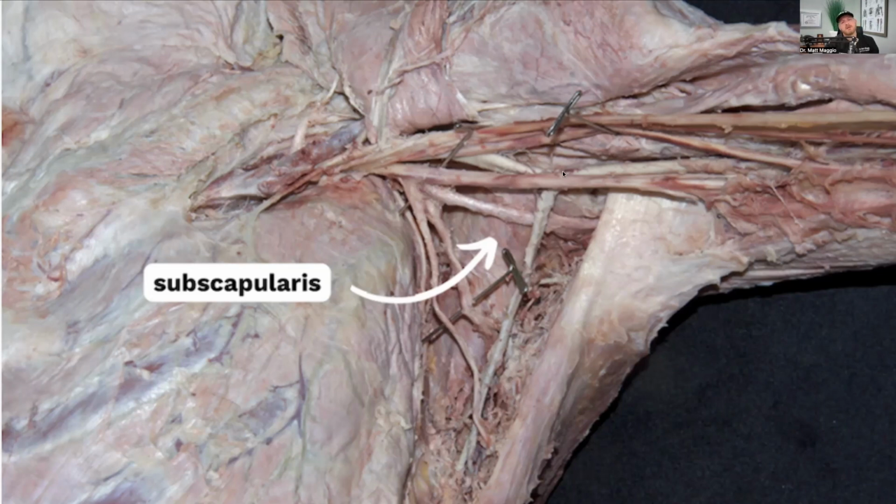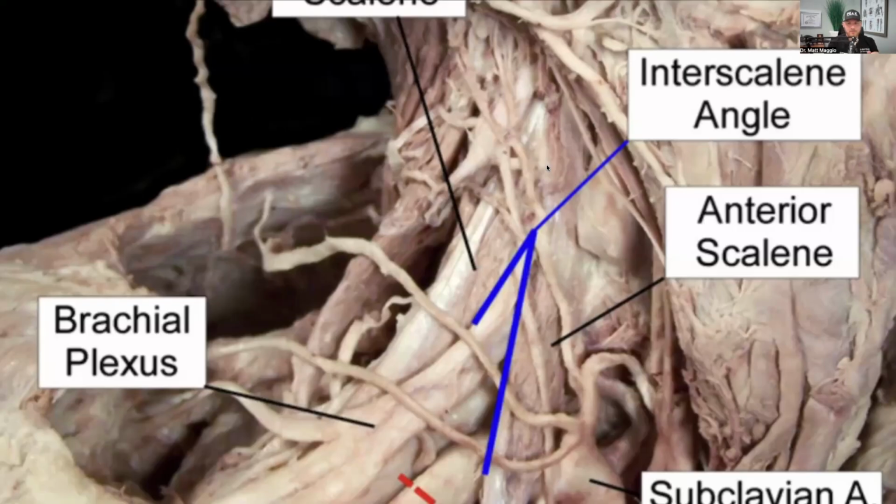And then the next area where it does get caught is going to be in through here in the subscapularis as well. So that nerve bundle, which is basically called the brachial plexus, sits there and it starts to pull and tug a little bit more. So that's what you're seeing: it does get caught in the neurovascular bundle, and then it does get caught in the subscapularis as well, a little bit higher up in that brachial plexus.